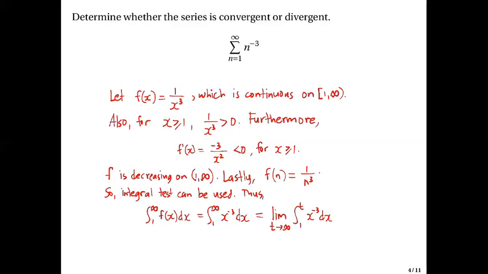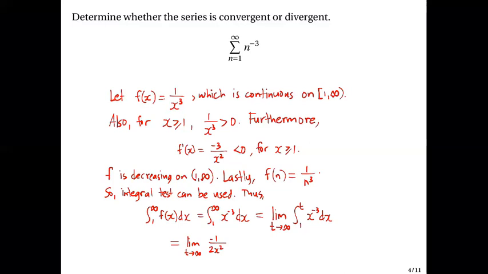And what is this? This is equal to the limit as t approaches infinity of the antiderivative, negative 1 over 2x squared, correct?